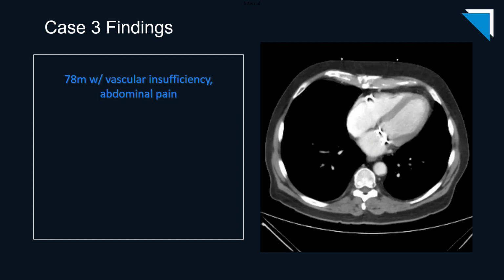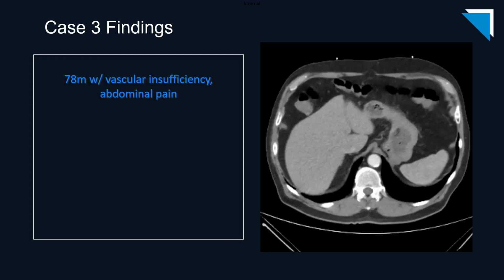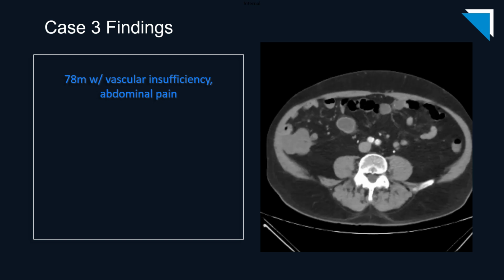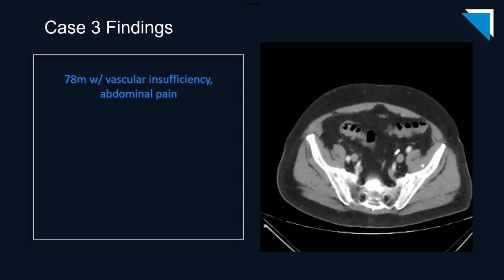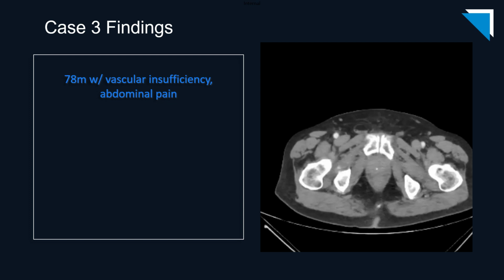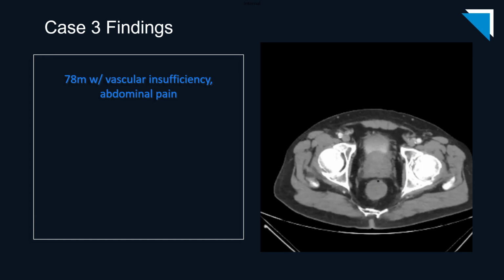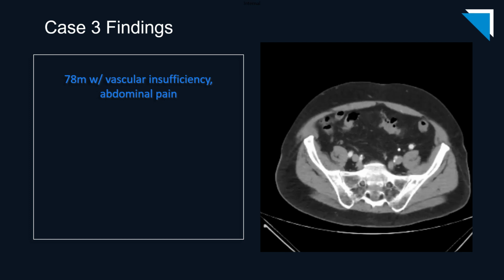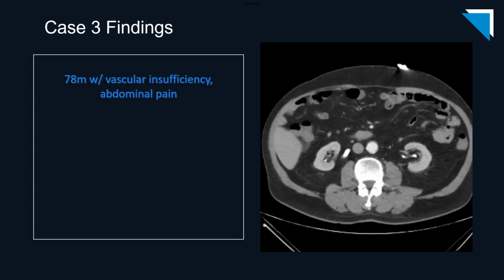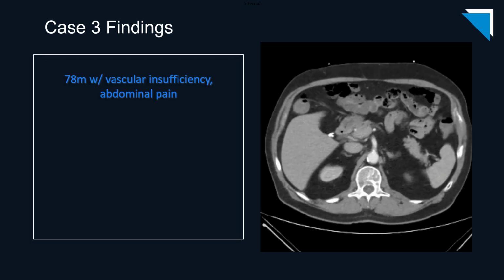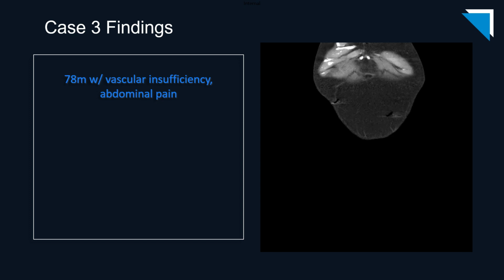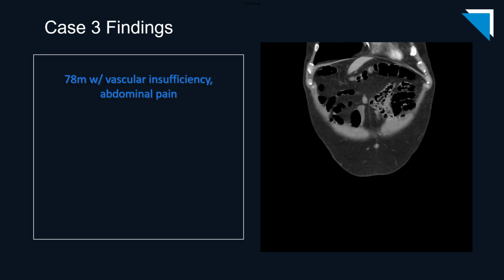We'll begin by scrolling through these axial images from a contrast-enhanced CT scan of the abdomen and pelvis. Here are the coronal images from the same study.